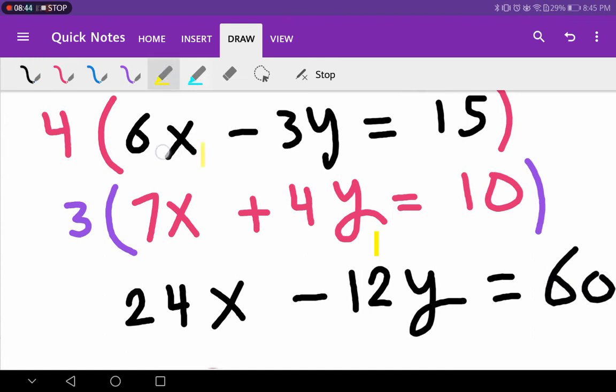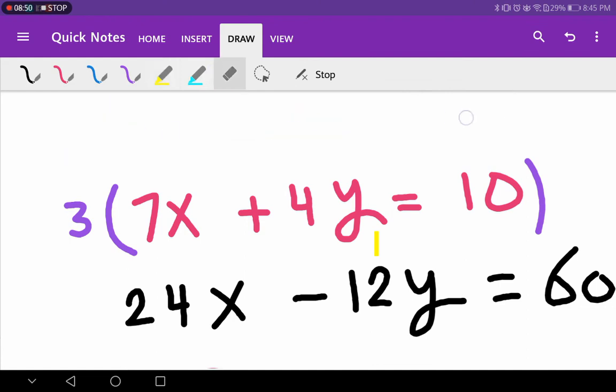Make sure you multiply this by 4 and this by 4 and this by 4. So I'm done with this.